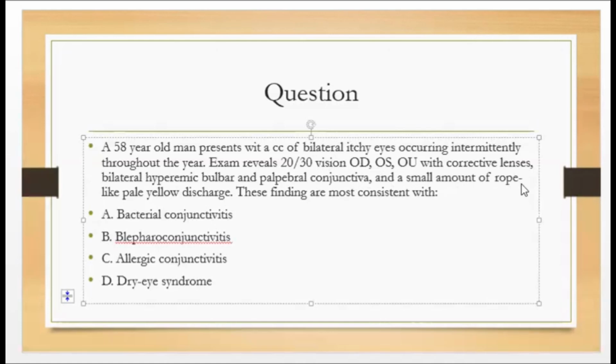Where do we have a rope-like discharge? And I told you the first thing you look at is bilateral, both eyes.